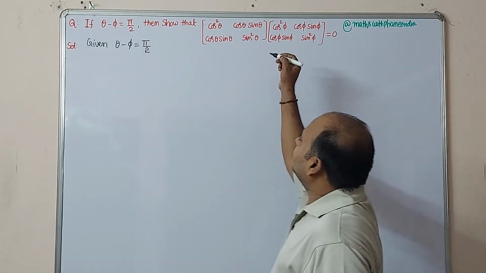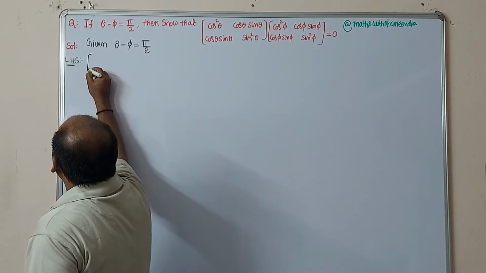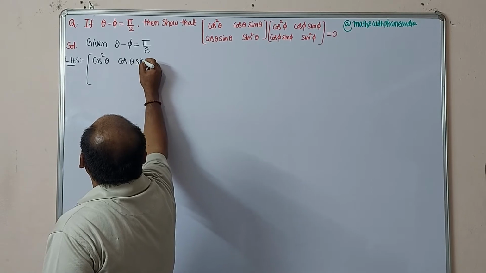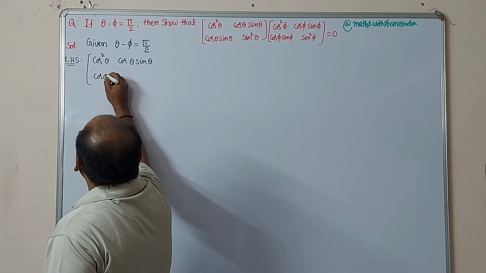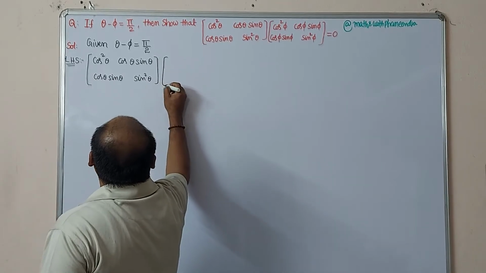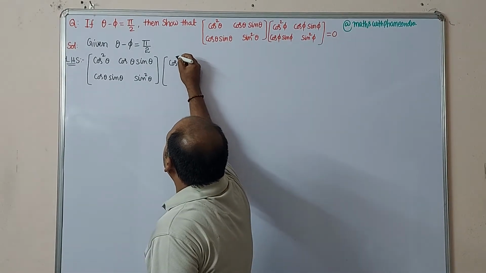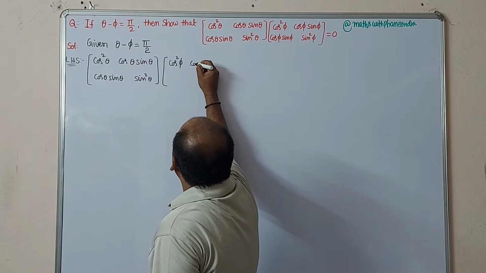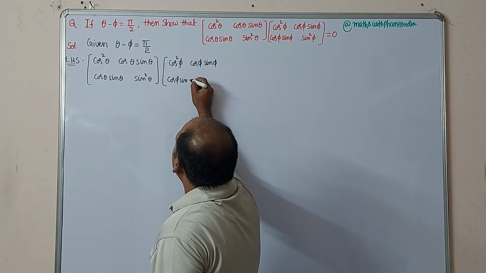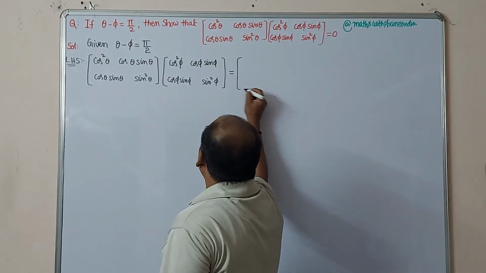Now I am considering LHS. That means the product of two matrices: cos square theta, cos theta sin theta, cos theta sin theta, sin square theta, into, wherever theta is there, phi substituted: cos square phi, cos phi sin phi, cos phi sin phi, sin square phi, is equal to.